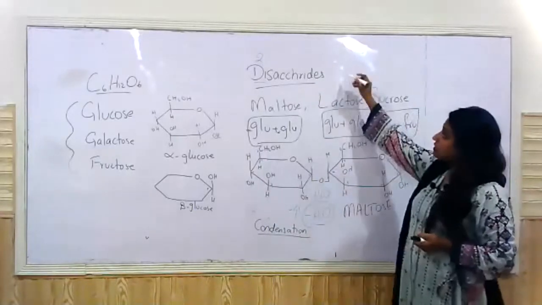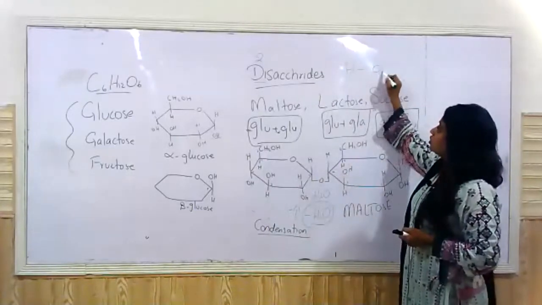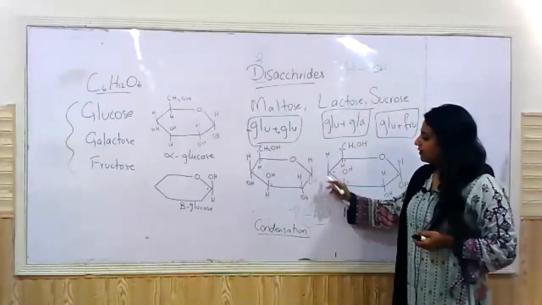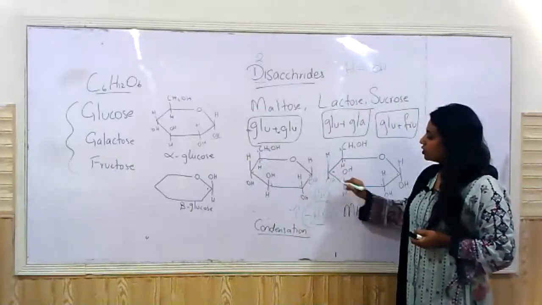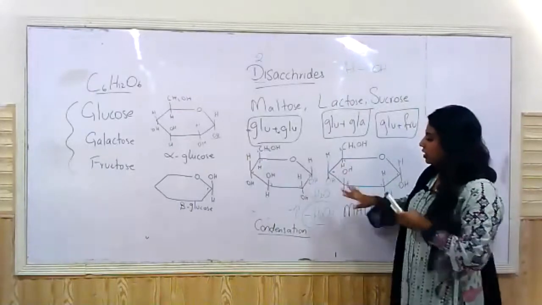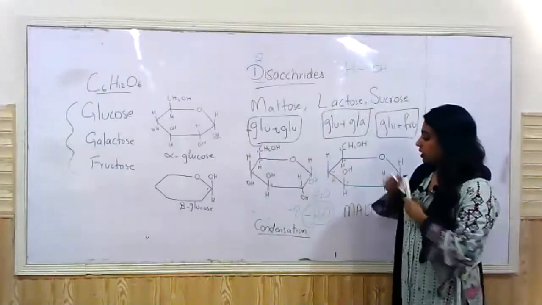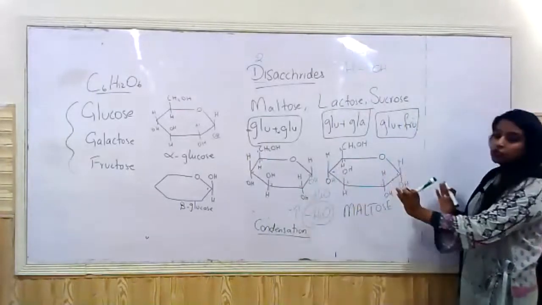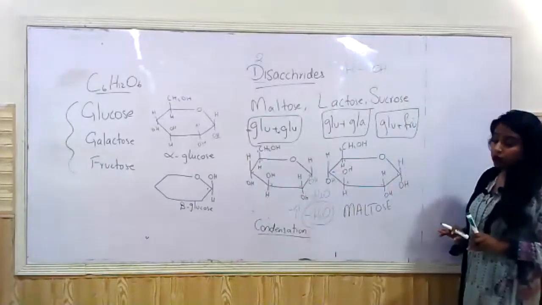I can write it like this as well, HOH, this is water, right? On one side, OH will be added. On the other side, H will be added, O will already be present, right? So by adding this molecule back, I can break this molecule up again into two alpha glucose molecules, right?